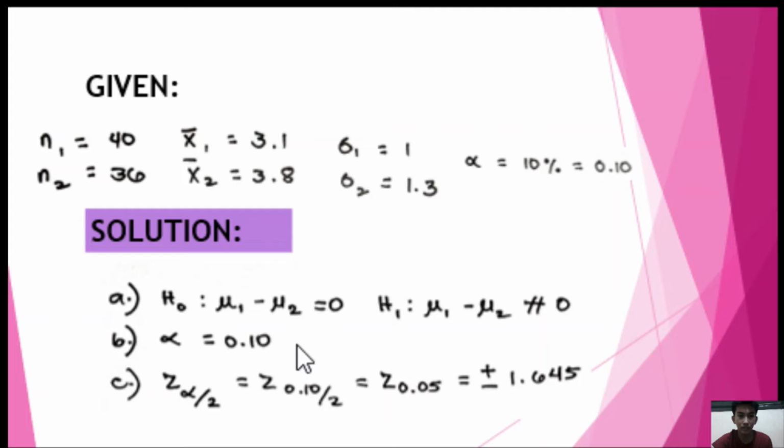Yung alpha natin is equal to 0.10. Tapos z alpha over 2 is equal to 0.10 over 2. Then, equivalent niya is z 0.05 is equal to positive negative 1.645. Now, makukuha natin, ito yung gagamitin natin na critical value natin, 1.645.